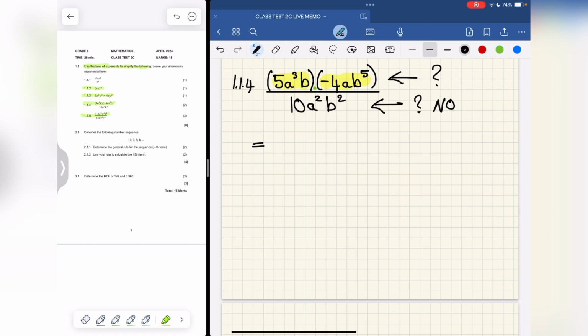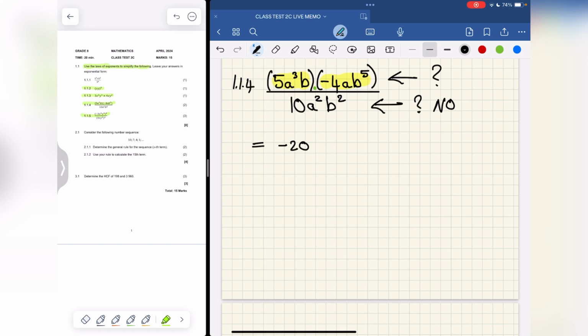So the 5 and the negative 4 become negative 20. The big mistake that a lot of you make here is you forget the negative sign. You would write an answer of 20 and forget that there was a negative 4. A negative times a positive gives us a negative.